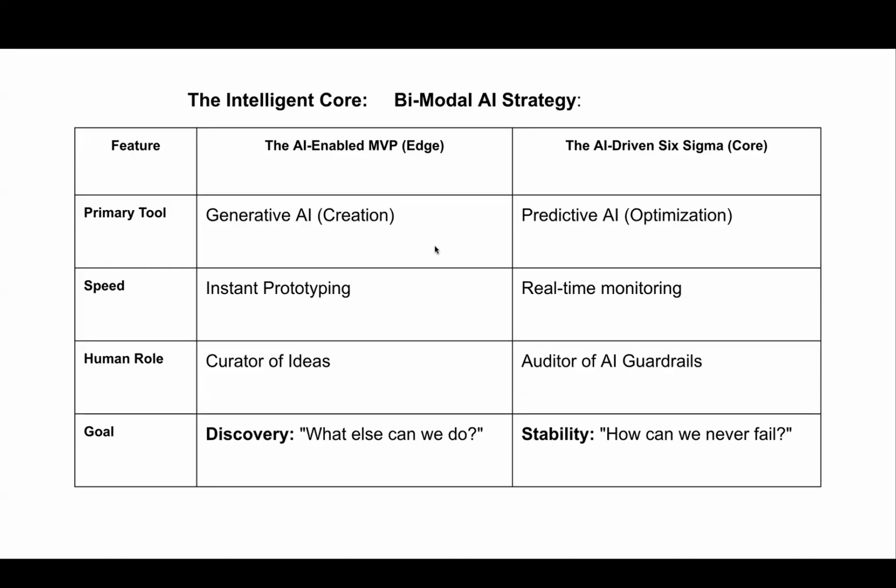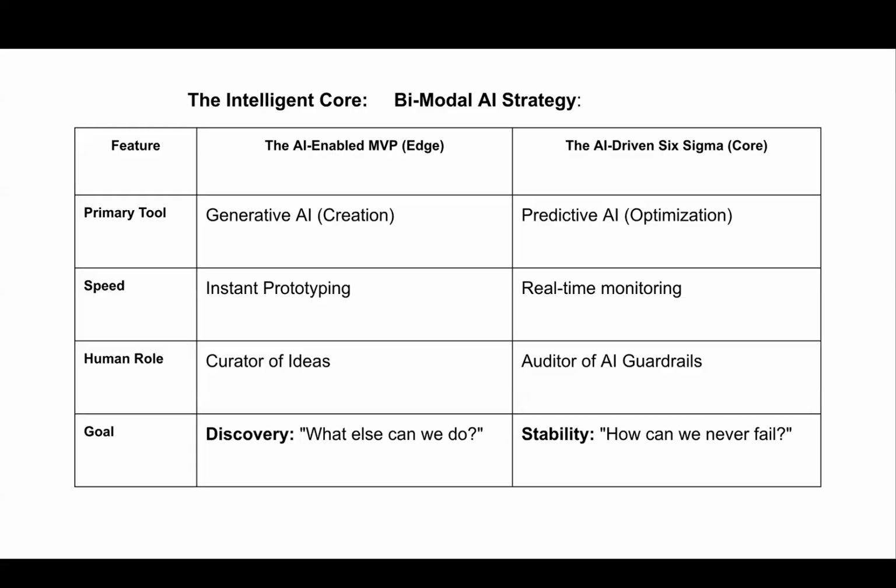So under MVP, you will have generative AI giving you a creation. In Six Sigma, you'll have all kinds of predictive analytics. So predictive AI will allow you to do what? Optimize, where you can pick the best set of factors. Sometimes we measure things we don't even need to measure because it really doesn't matter.